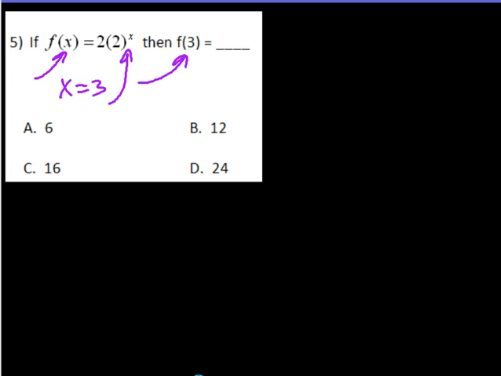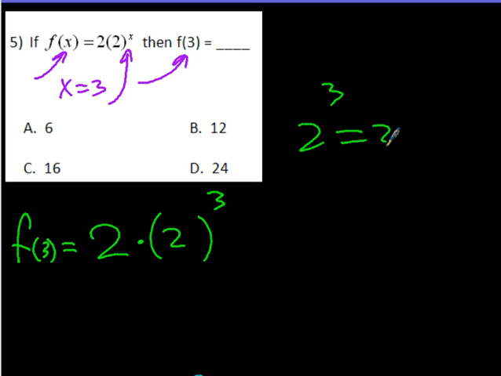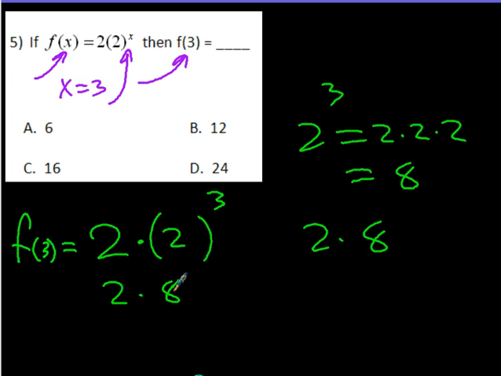And so I have 2 times f of 3 equals 2 times 2 raised to the 3rd power. Okay, well, 2 to the 3rd is 2 times 2 times 2, or 8. So it's 2 times 8, or 16. C.